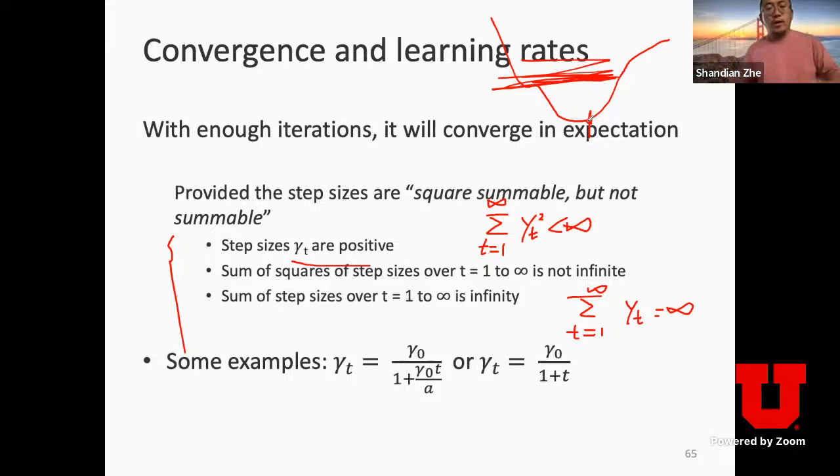Then why do we require that if you add up all gamma t's together, they must be unbounded, meaning the sum must be infinite? It just wants you to make sure your step size cannot be too small. If it is too small, what consequence will it have? You're going to move and just get stuck at some places, never moving out, because your step size is getting smaller and smaller, decaying so fast that it cannot go beyond, say, that mountain.